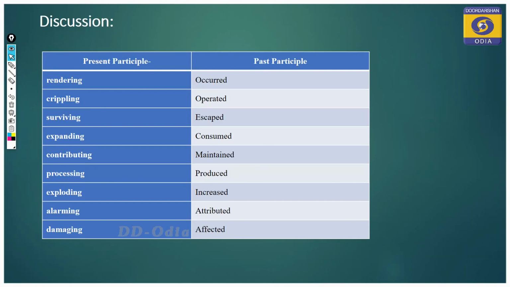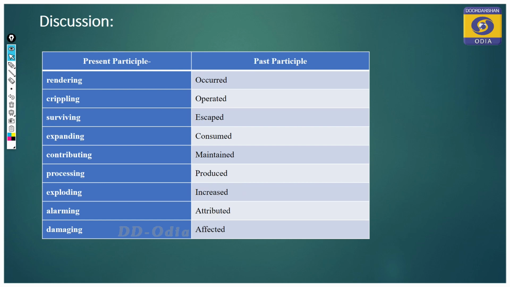Now, another important slide that we have is present participle and past participle. Present participles consist of words which are expressions of what is happening in the current state, and past participles are expressions of actions that have already occurred in the past.